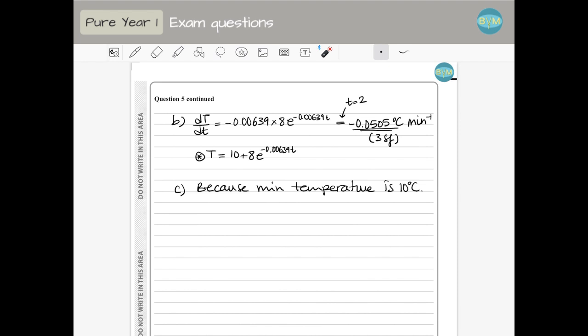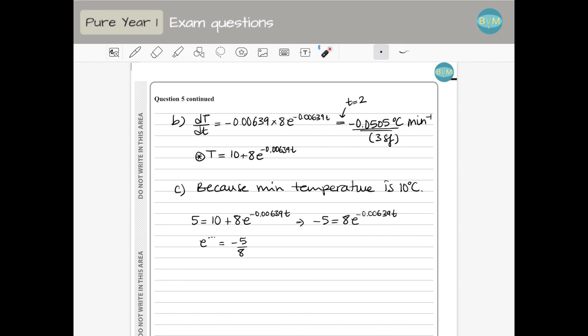You can say this, or you can just try to substitute the 5. If you substitute the 5 in the equation to prove that it's not possible to be 5, you will have this situation. Wherever you feel more comfortable explaining. So if we substitute the temperature by 5 and try to find t, what we have is 5 minus 10, which is minus 5, equals 8 e to the minus 0.00639t, and we have e to something equal to a negative number, and that's not possible, remember?